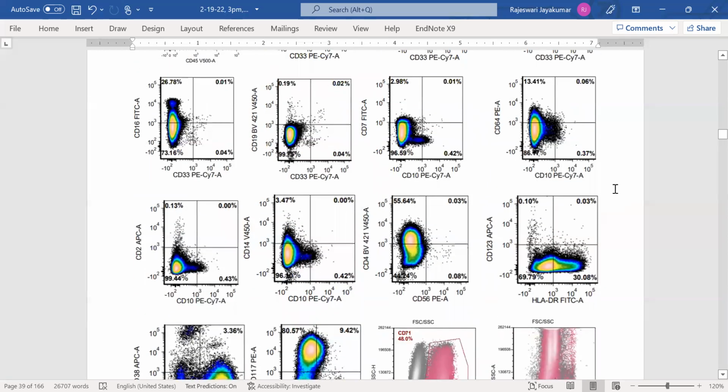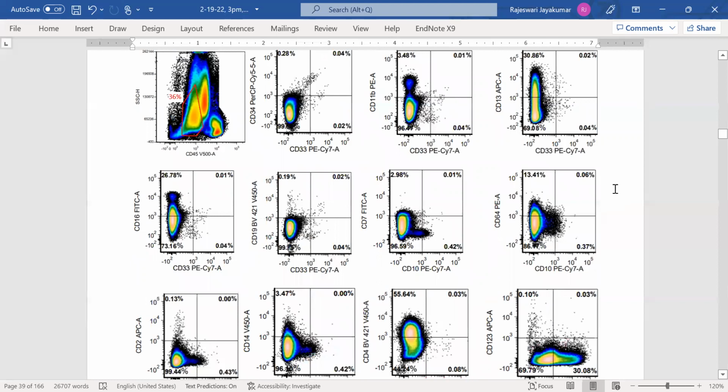CD13, CD33, CD56, all these can be aberrantly expressed by erythroblasts. So here we have a partial expression of CD13 in this case. And CD45. CD45 can be negative in many cases of erythroblasts. Actually, they are more often negative than positive. Here it is kind of weakly positive.